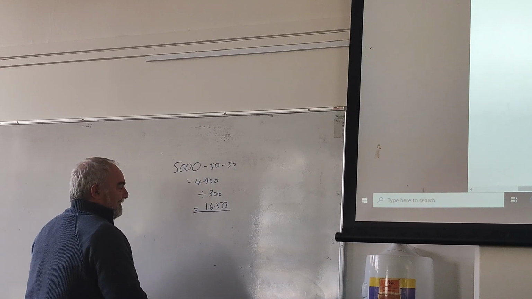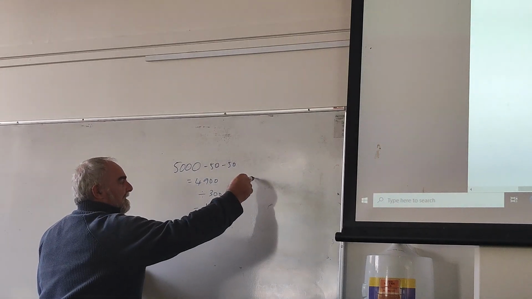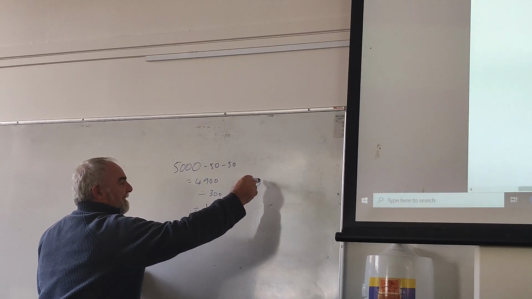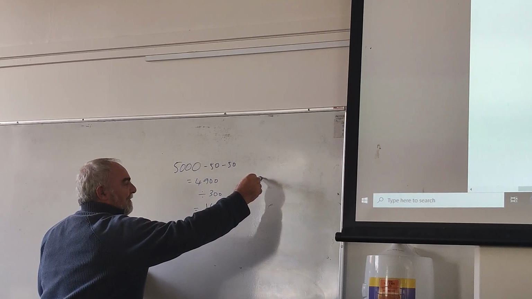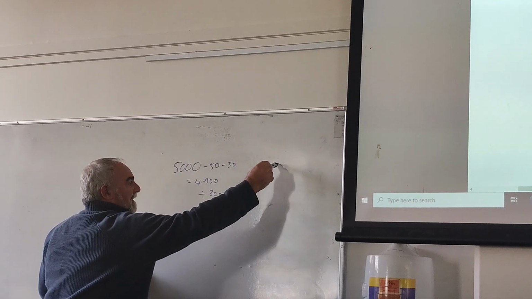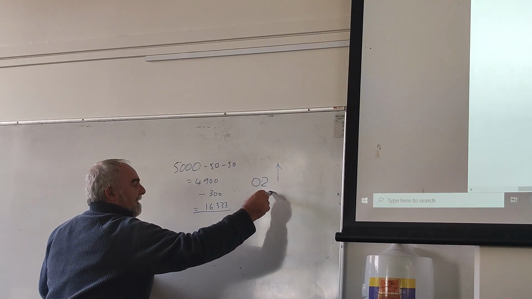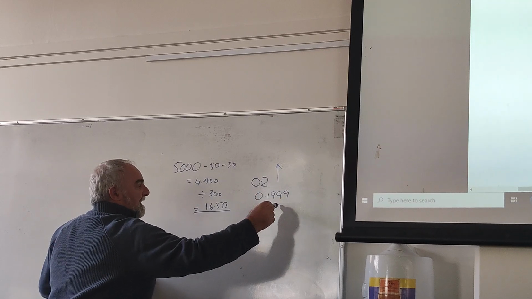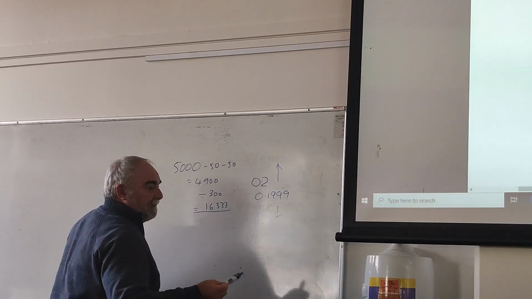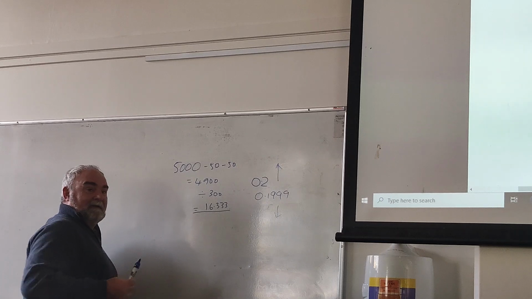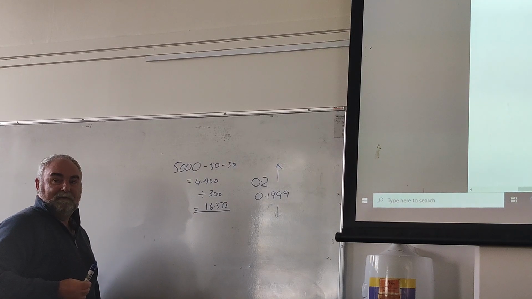Okay, two things. The rule in New Zealand is 0.2 up, 0.919999 down. And you didn't know that, so that's something that I had hidden up my sleeve.